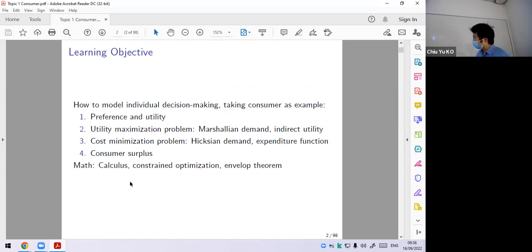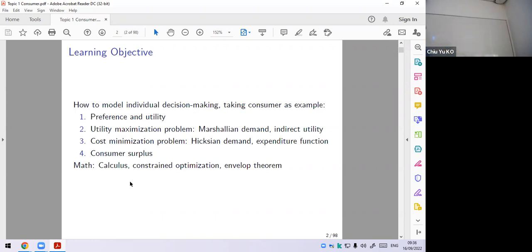Why we are working on the consumer is because we try to model human rational behavior, as most of you are in B school or computer science, right? So basically modeling how humans make decisions will be important.